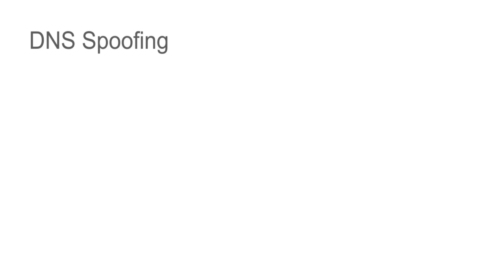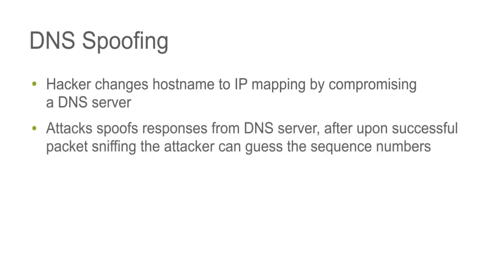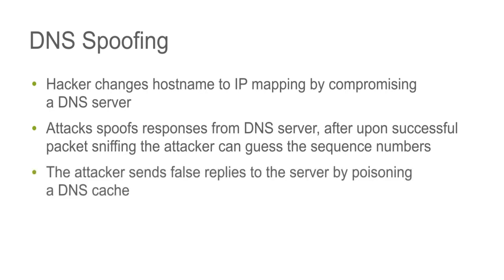Okay, another method of spoofing is DNS spoofing. This is where the attacker is going to change the host name to IP mapping by compromising a DNS server. This attack spoofs responses from the DNS server. After successful sniffing of the packet capture, the attacker can guess the sequence numbers. This does require additional attacks, like a man-in-the-middle attack, but once the DNS server is spoofed, then that attacker can send false replies pretending to be a server, spoofing the server, send back replies that are pointing us to the wrong websites.